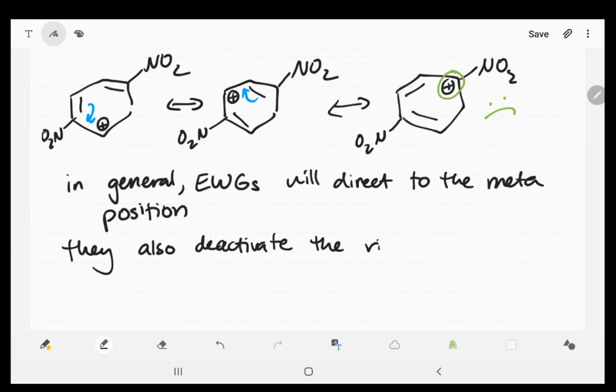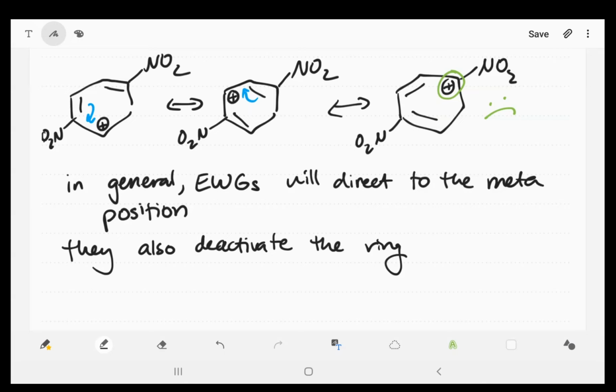So notice that with all of these reactions, we had benzene acting as a nucleophile, right? It's attacking an electrophile. So if we put an electron withdrawing group on a benzene, that electron withdrawing group will take in electron density to itself, thereby making benzene a less effective nucleophile.